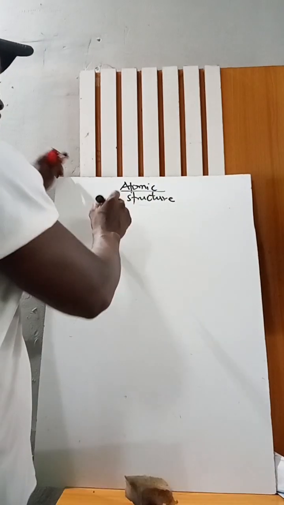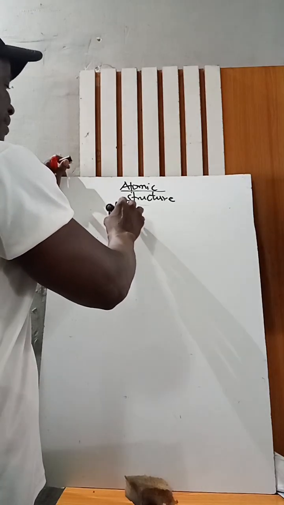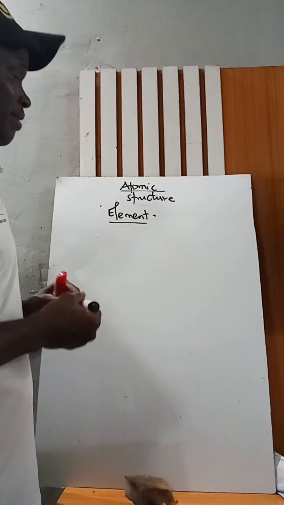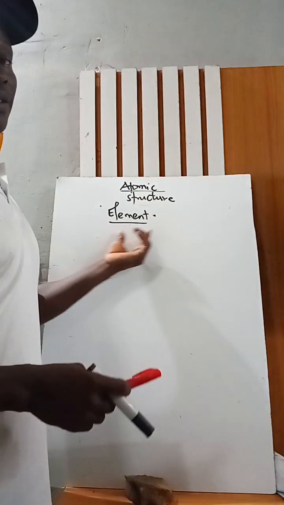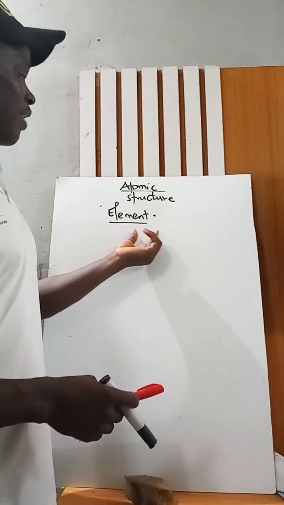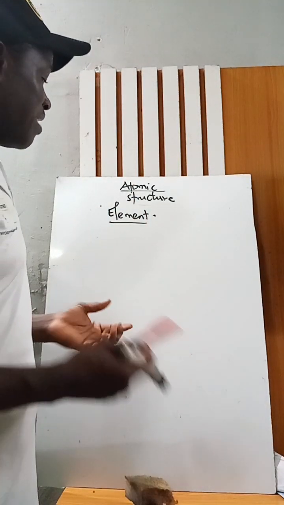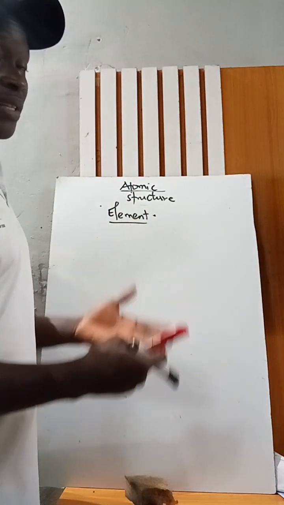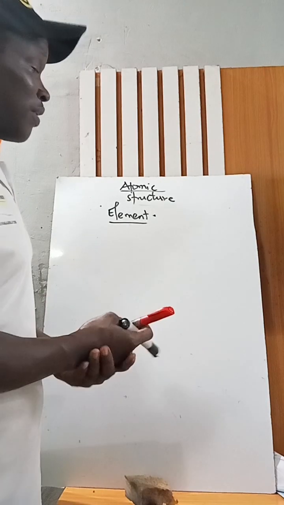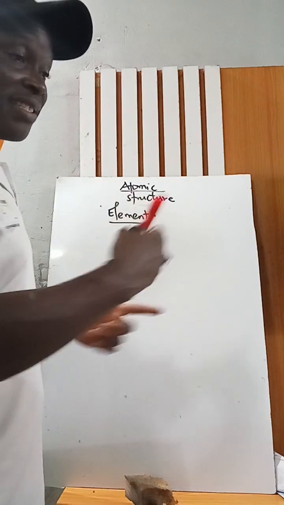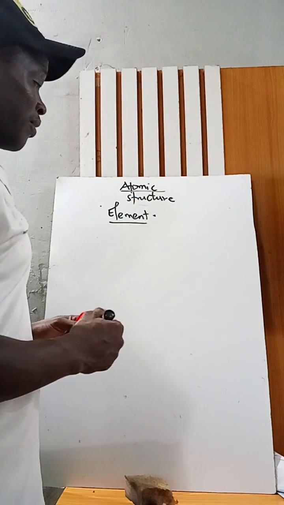So the next thing is, what is an element? You often say an element is a substance which cannot be divided into two by any chemical means. Very elementary, of course, since we are dealing with the elementary part of chemistry. An element is a substance that cannot be split into two by any chemical means.